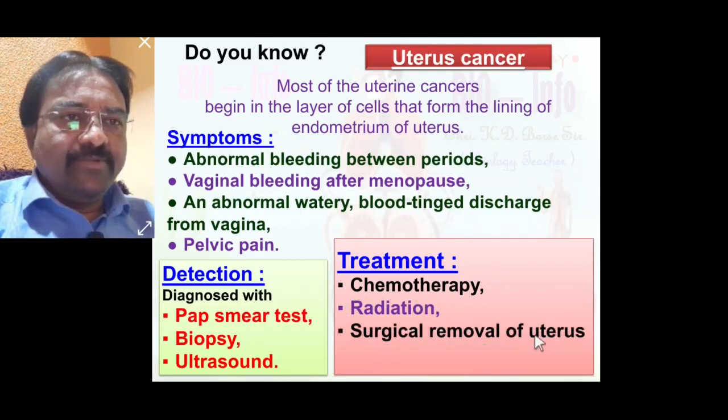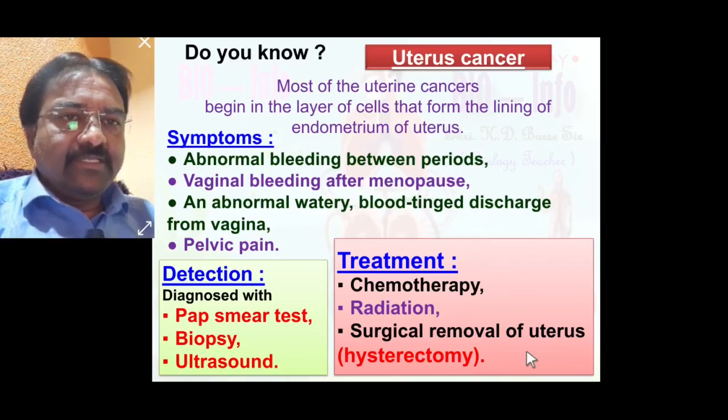Surgical removal of the uterus is called hysterectomy, meaning a removal of the uterus. When uterus cancer is very major, the uterus is completely removed from the reproductive system.